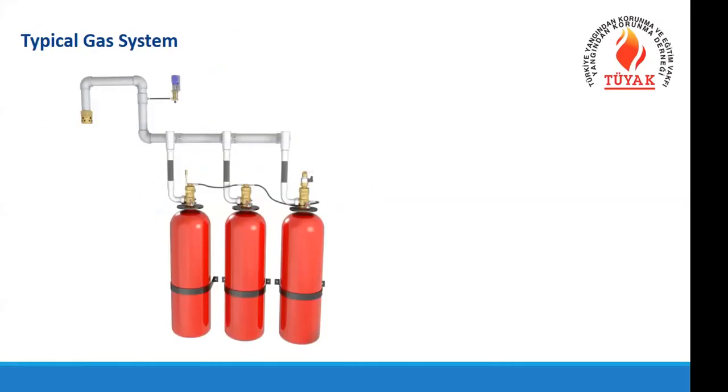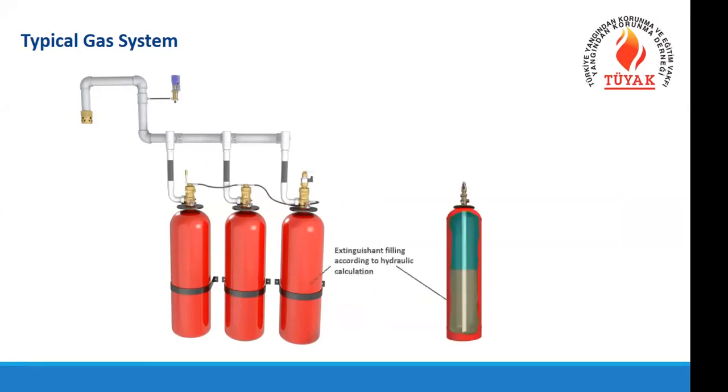A typical gas system has cylinders and a pipe system and nozzles. And the cylinder has some portion of the extinguishing agent, in liquid phase in general, but sometimes in gas.